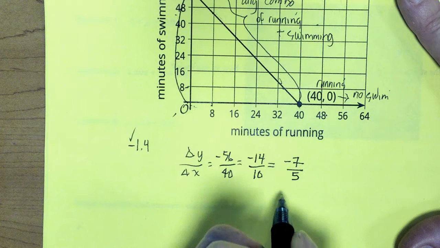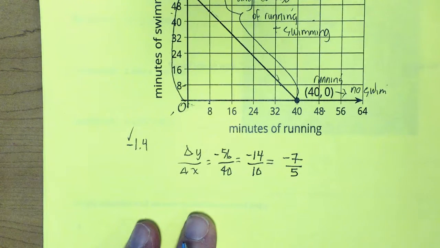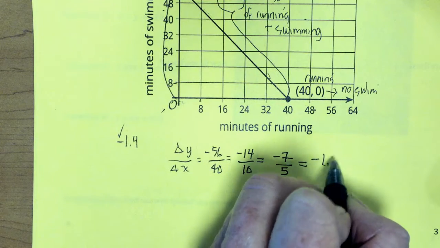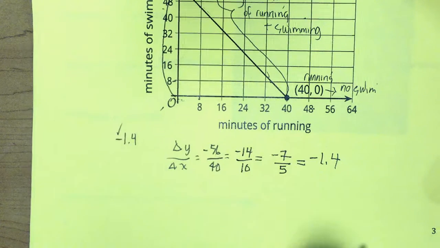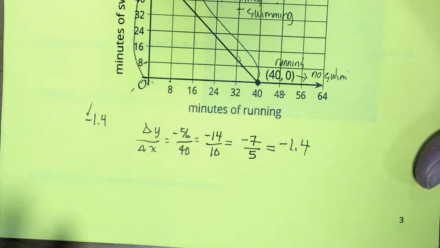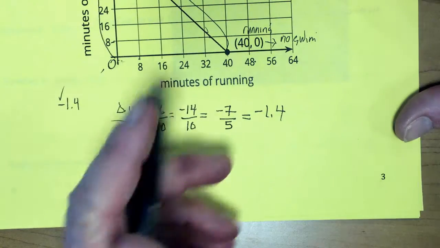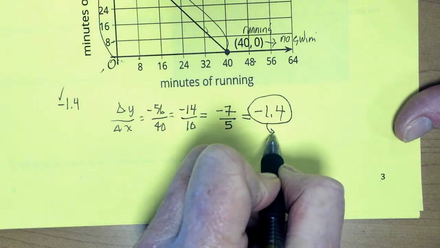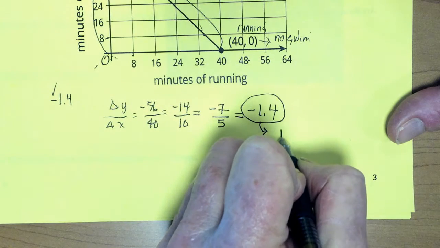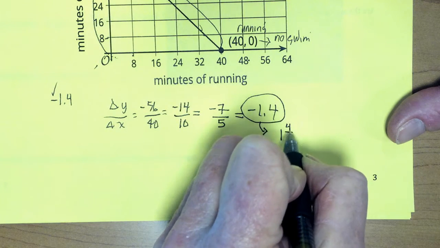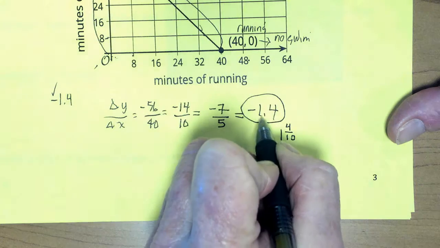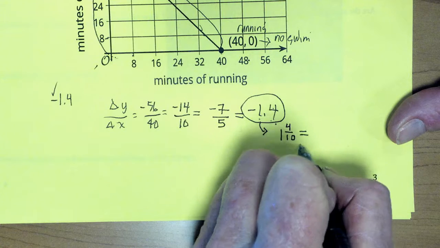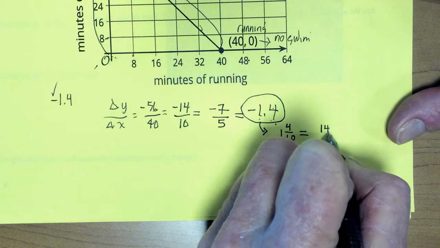Okay, well, wait a minute. Is 7 over 5 equal to negative 1.4? Well, again, I'm going to do a little bit more investigating here. I'm going to remember that I can write that as 1 4/10, and I can simplify that to be 14 over 10.